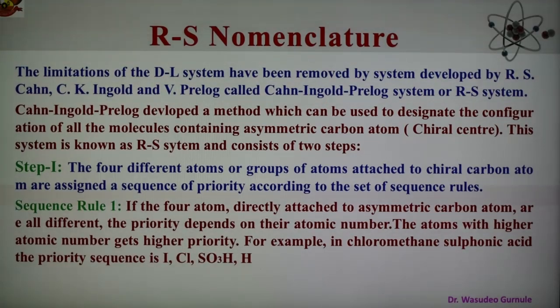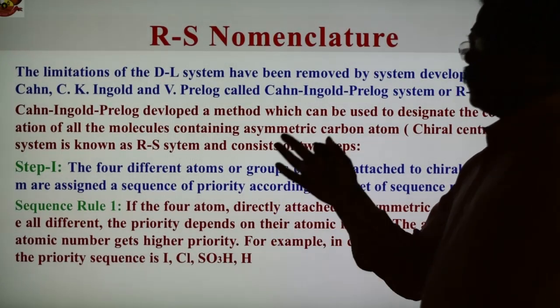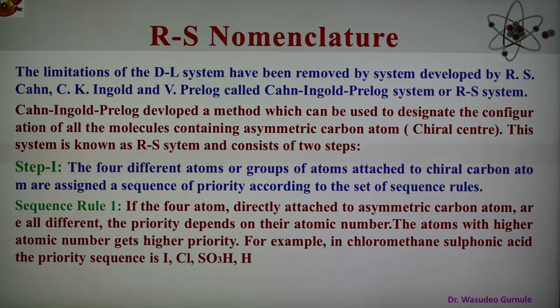In step 1, the 4 different atoms or groups of atoms attached to the asymmetric carbon atom or chiral carbon atom are arranged in a sequence of priority according to the sequence rules. So the priority order of the 4 atoms or groups can be decided on the basis of the 3 sequence rules.